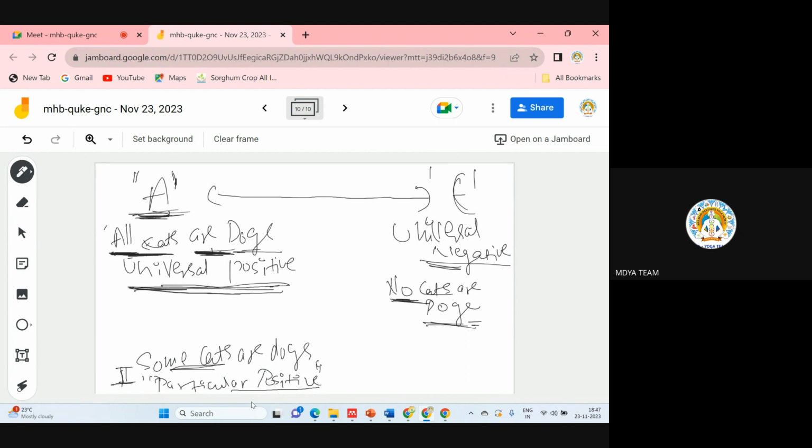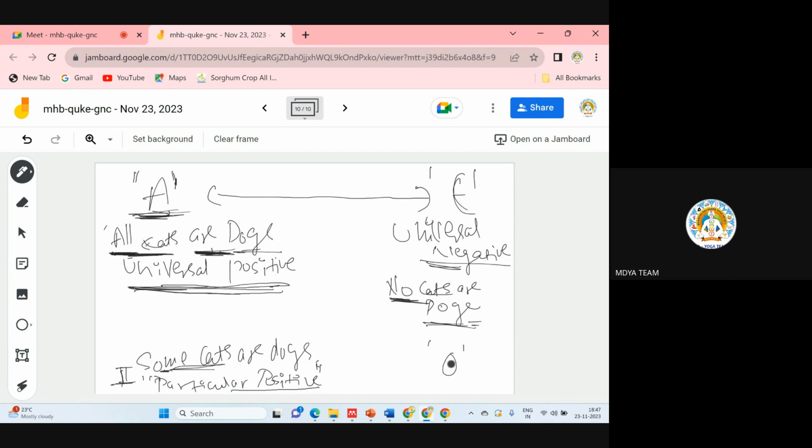Okay. Now next one is O. O is particular negative. We cannot change the quantity here because it will remain the same, "some." Here we just use "no." Here we cannot use "no some" or "no cat."